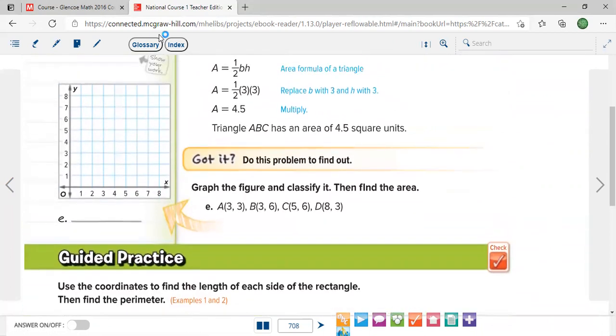Now in this problem, graph the figure and classify, then find its area. Very easy problem. (3, 3), plot it here. 3 up to 6. Then 5 up to 6. Then 8 up to 3.